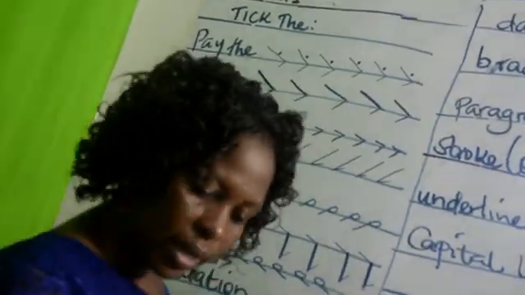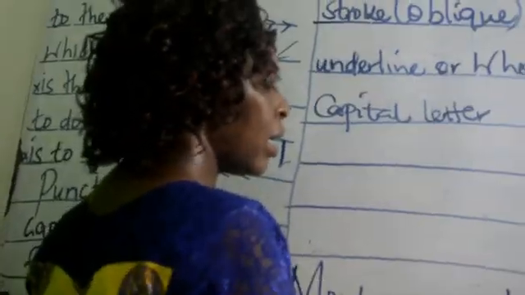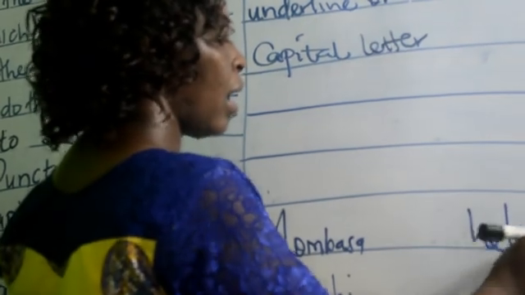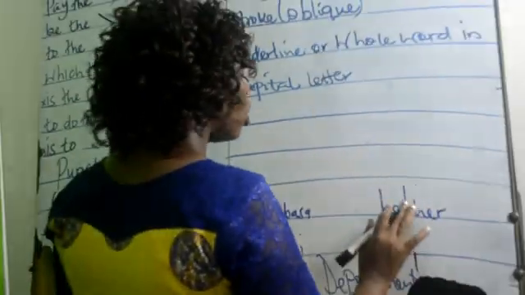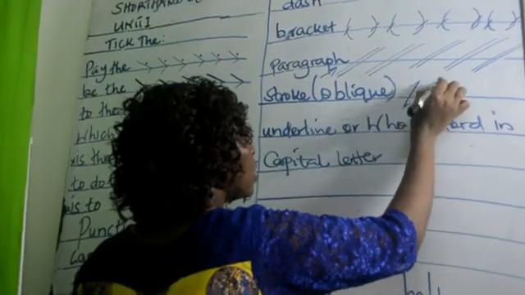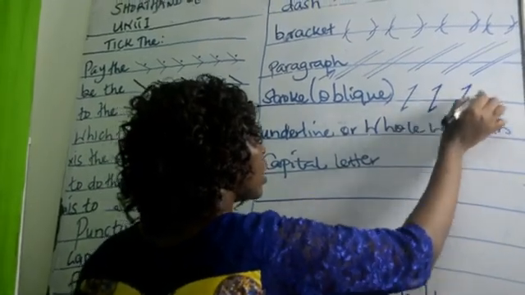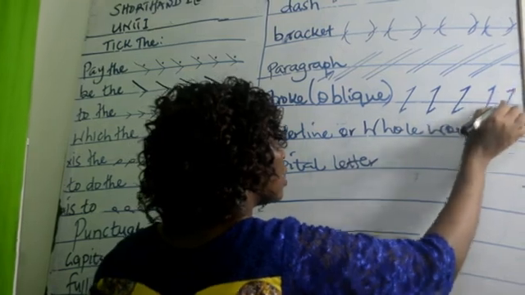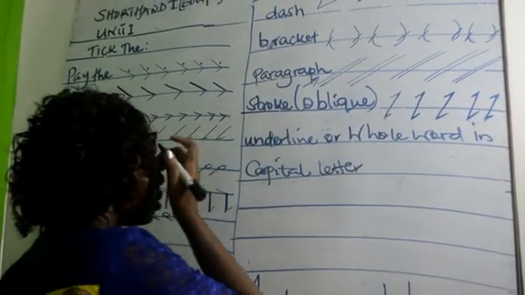And then to show that there is a stroke, like you want to show the word is to her, you indicate with that sign across the line.